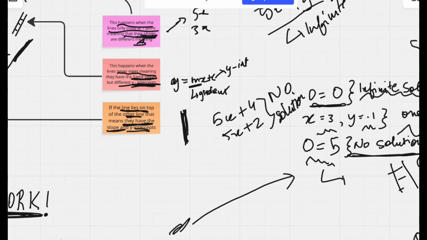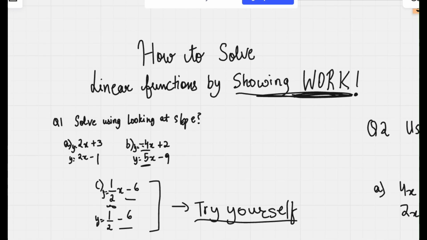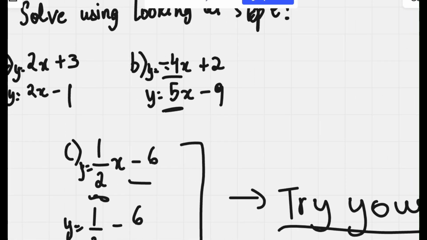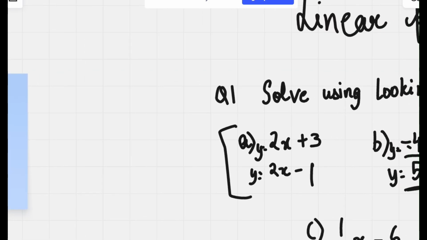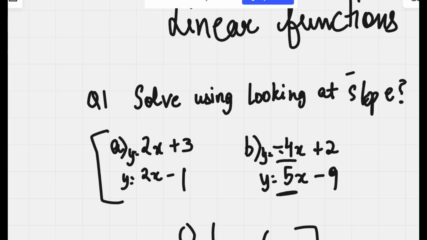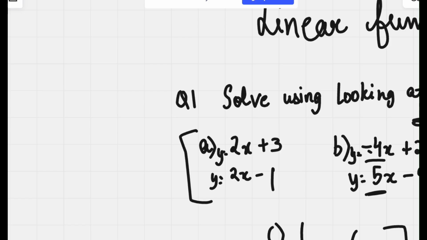And now let's try to do some practice questions with what we have just learned. So let's do the first question together. Here we have y equals 2x plus 3 and y equals 2x minus 1. So here we have to solve only looking at the slope. For the first one, our slope is 2, and for the second one, our slope is 2 as well, meaning that they have the same slope of 2.